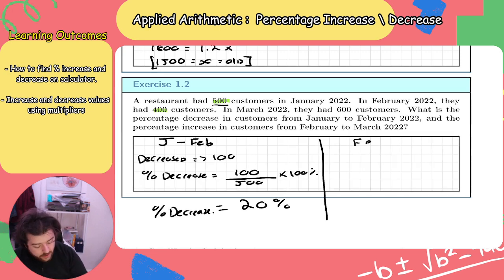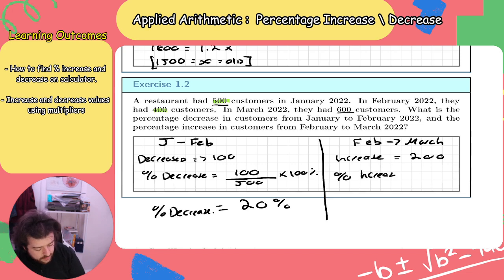Now let's look at February to March. Well, from February to March, I had 400 customers in February and I've increased to 600. So I had an increase of 200. So my percentage increase is going to be 200 over my original amount.